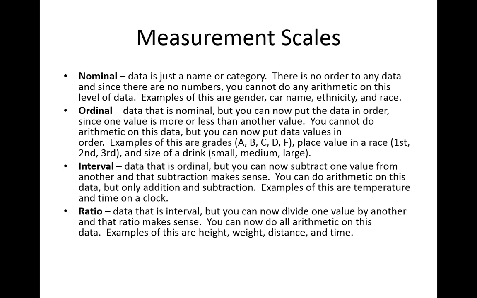Well, the time we're talking about here would be like how long it takes you to run a race, that kind of time. So it's not a clock time, but a time of how long it takes to do something. And so that kind of number, like it takes you 15 minutes and 30 seconds to complete a certain kind of race or run, or how long it takes to do some activity, that kind of time is ratio data.